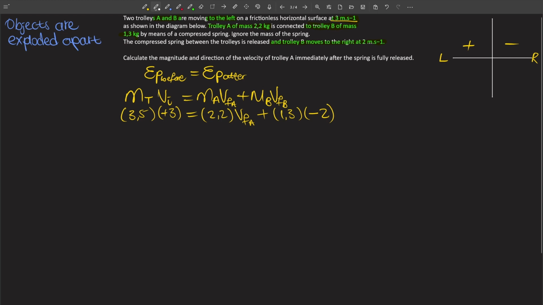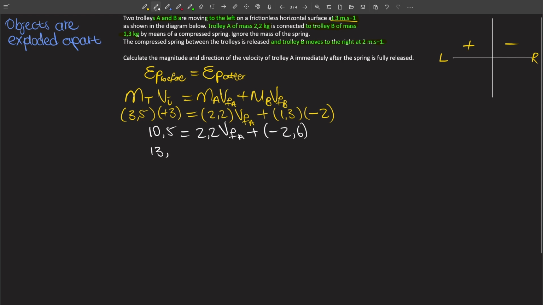Okay, and then here I will have 10.5 is equivalent to 2.2 final velocity of A plus 1.3 into minus 2, which is minus 2.6, and then I will now have 2.6 coming this side.